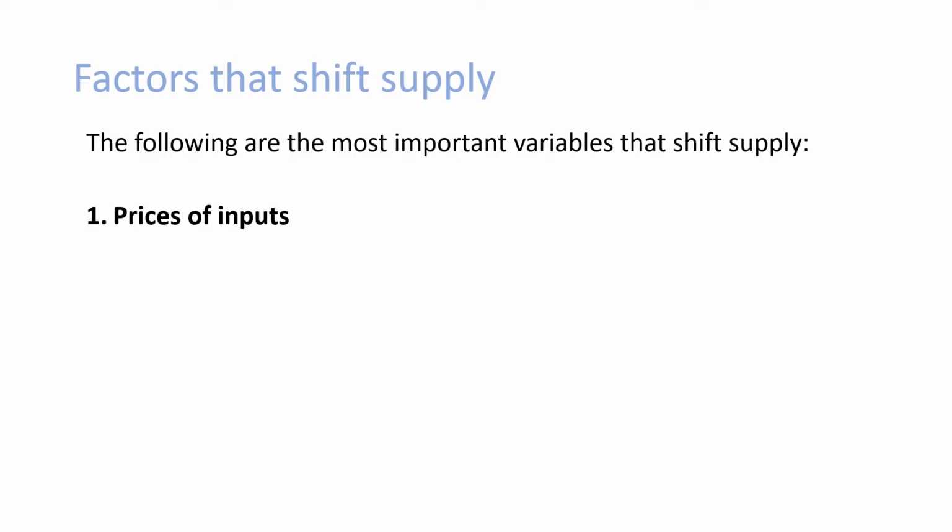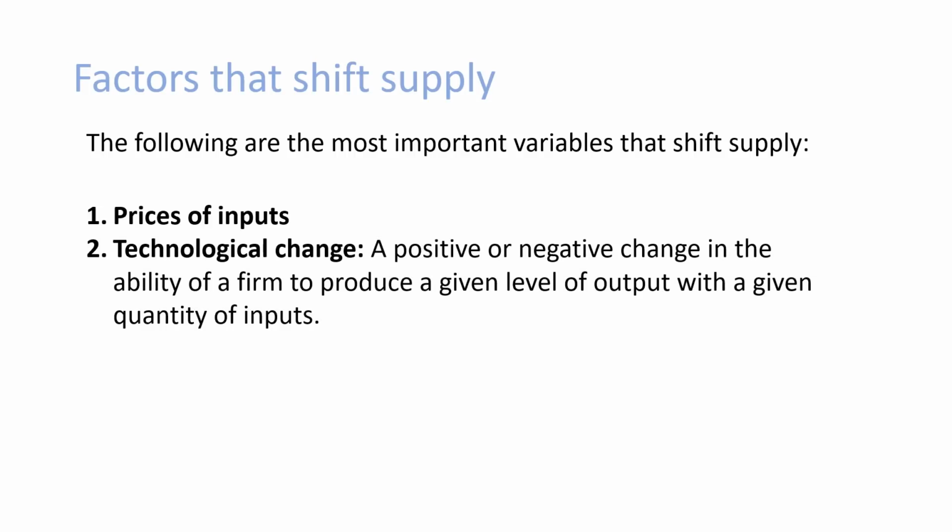For example, when there is an increase in the price of labor, that means it will increase the price of the product itself. Secondly, technological changes. Technological changes mean a positive or a negative change in the ability of the firm to produce a given level of output with a given quantity of an input.